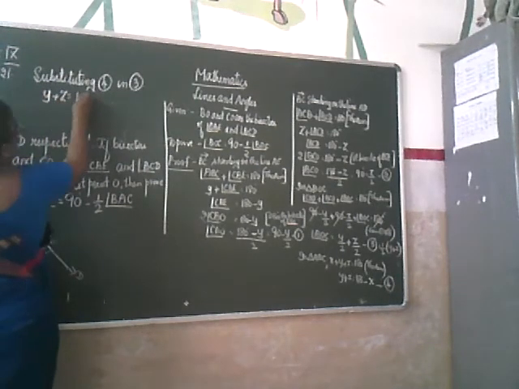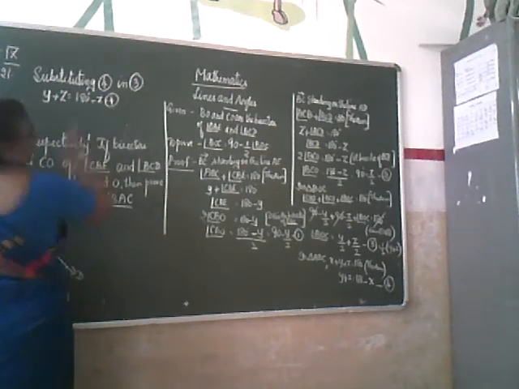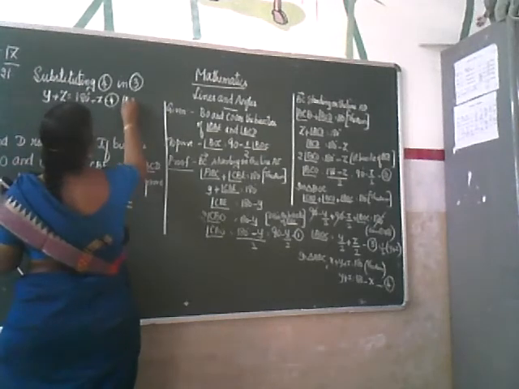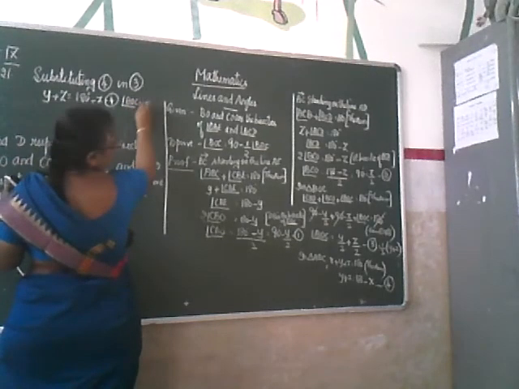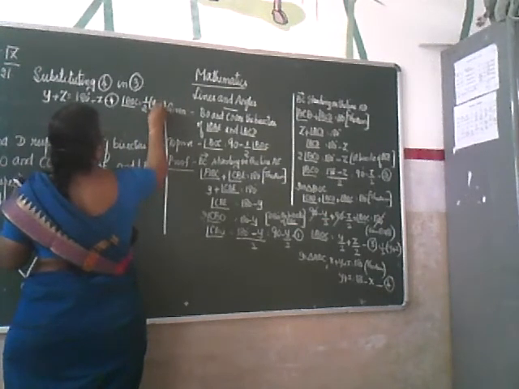Is equal to 180 minus x. That is 4. What is 3 now? BOC is equal to half of y plus z. That is 3.